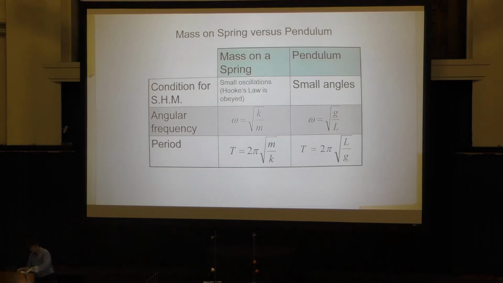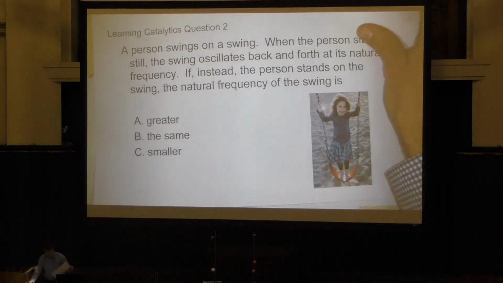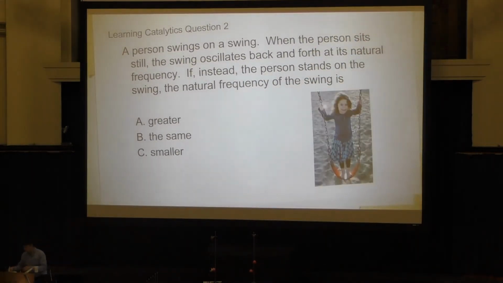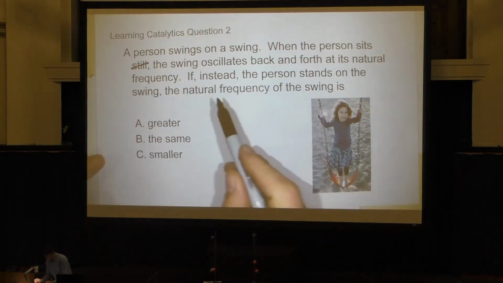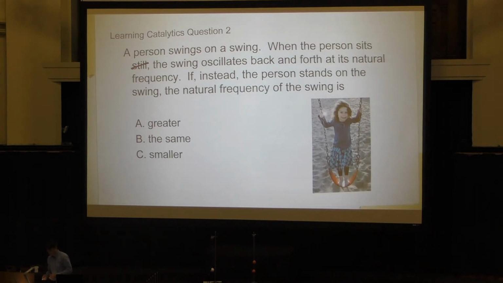Let's do another Learning Catalytics. Well, this is actually the third one. And you only get the picture on the front screen. You don't get it on your device. But a person is swinging on a swing. When the person just sits, then the swing is oscillating back and forth at some frequency, f.